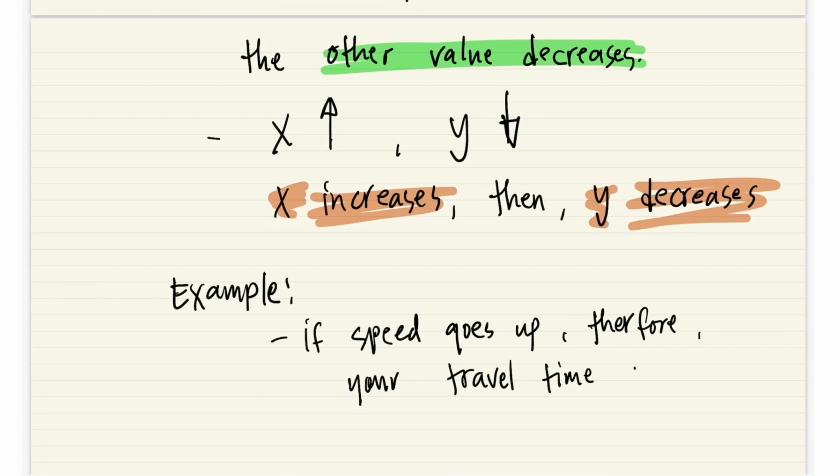Correct? Travel time goes down. If your speed goes down, then your travel time goes up.